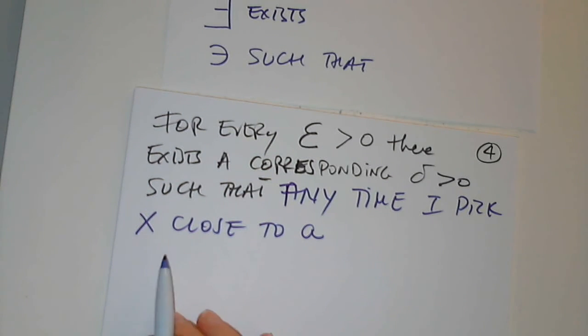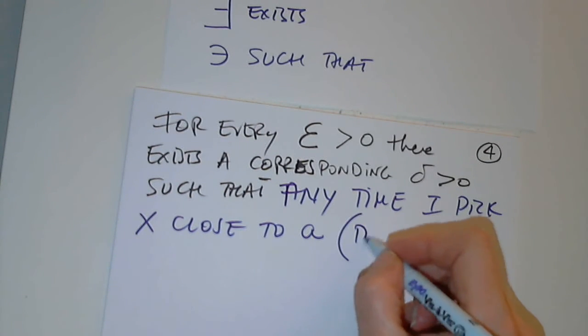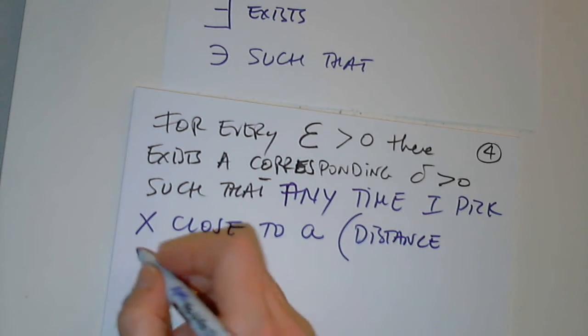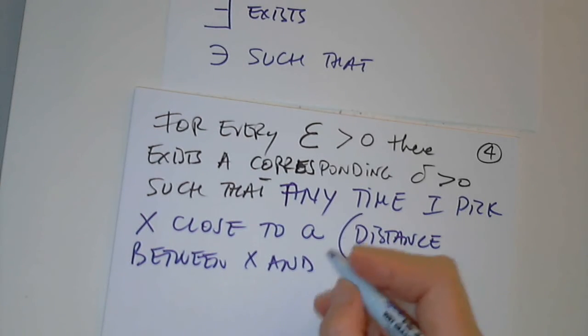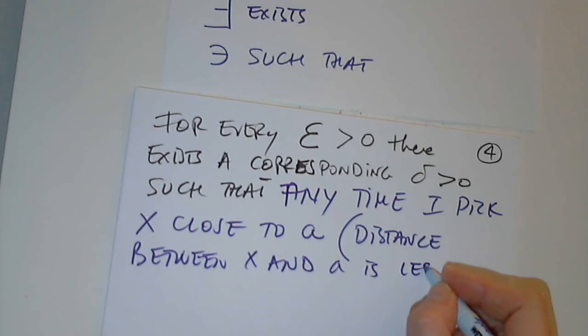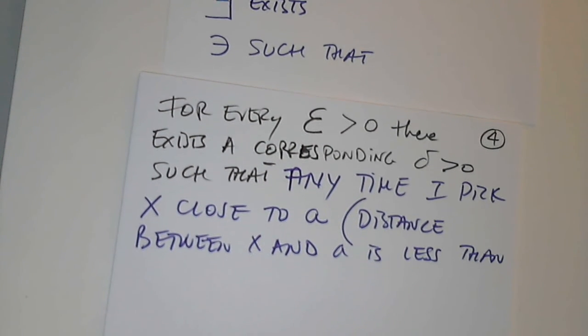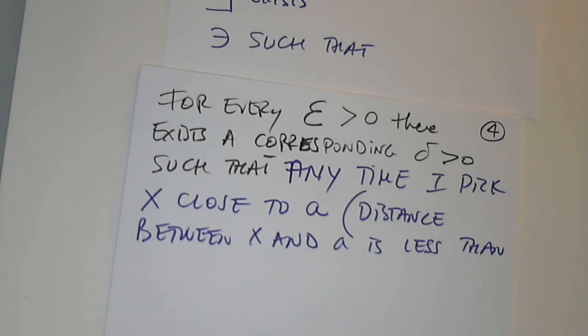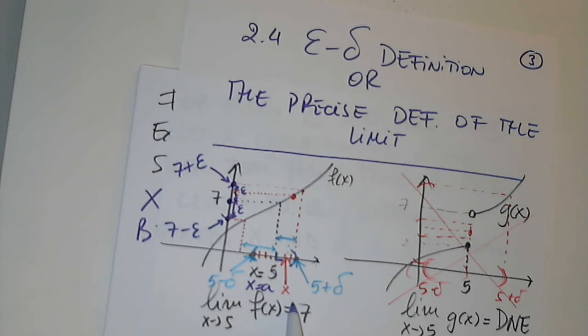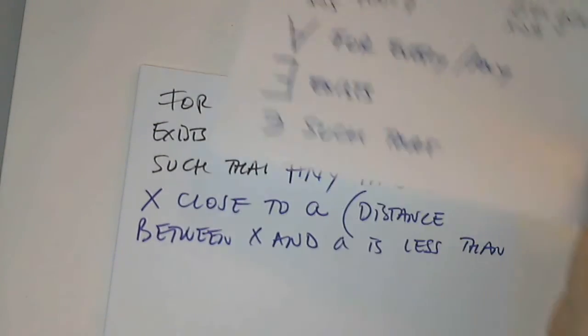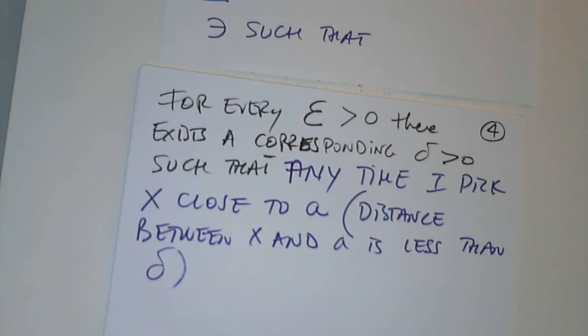So when we say I pick x close to a, I really mean the distance between x and a is less than, mandatory, less than delta.